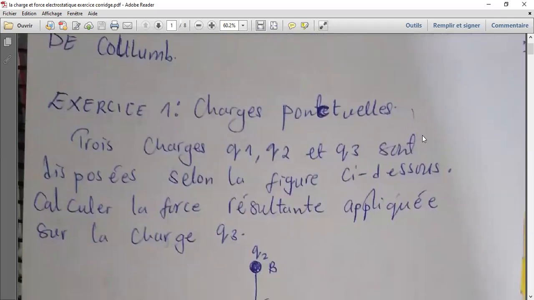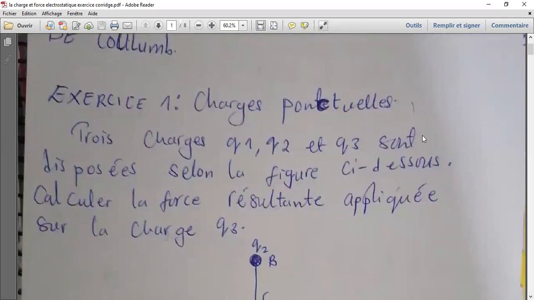And I said charge punctual are charges. When you see the word charge punctual, you know that there are charges which are fixed, you know where they are. They have got a fixed point.